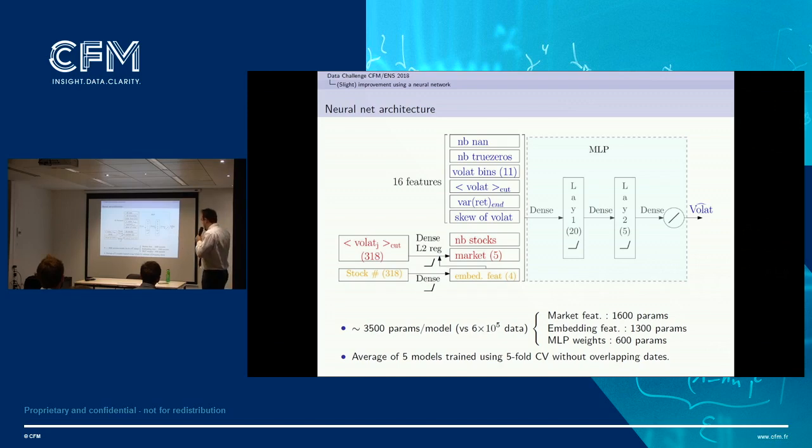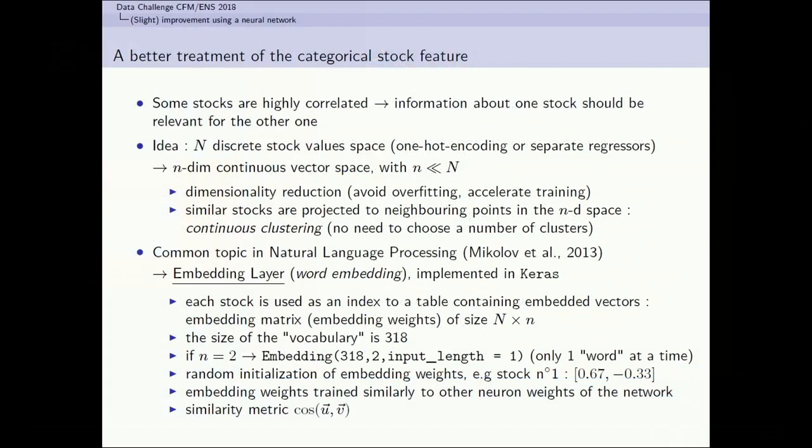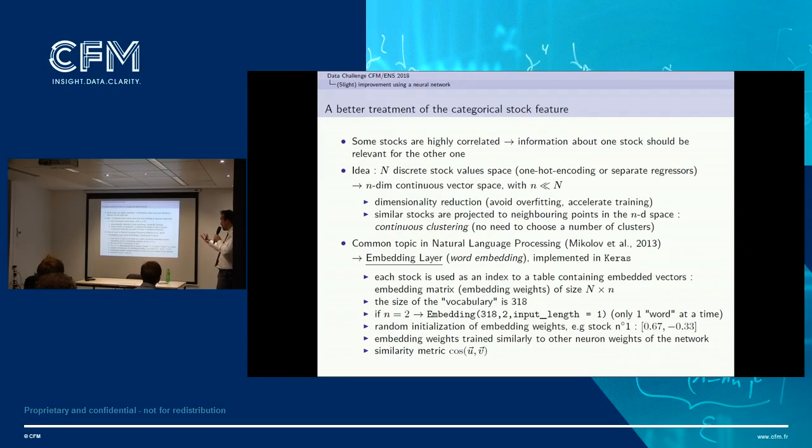So what about these embedded features? So the idea is that as the stocks are highly correlated, then the information that you have about one stock should be relevant for another stock that's very correlated to this one. So instead of treating them in an orthogonal way, with one hot encoding or different regressors, then the idea is to project this 318 discrete stock value space into a much smaller continuous vector space.